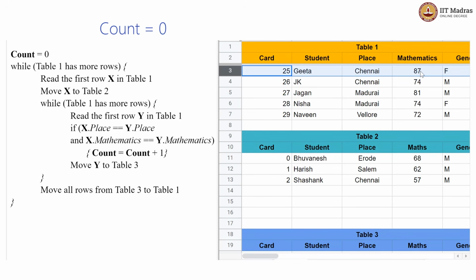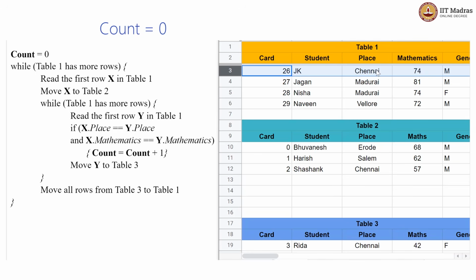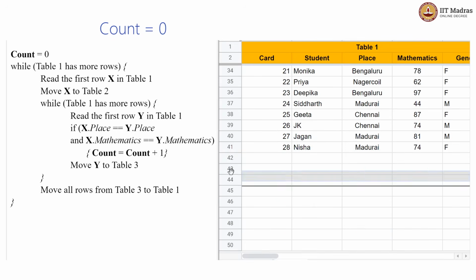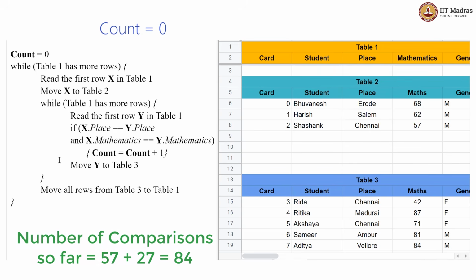Here we have a Chennai again with mathematics score 87, not equal to 57. And again Chennai, but 74. Now table 1 is empty, so we move all the rows from table 3 to table 1.